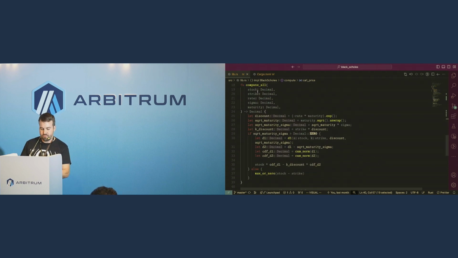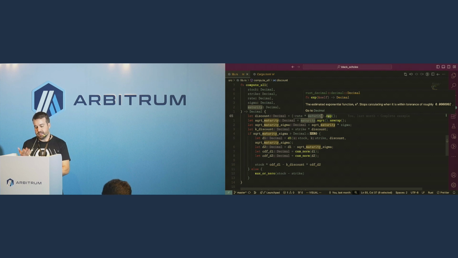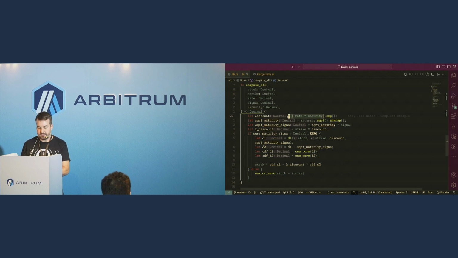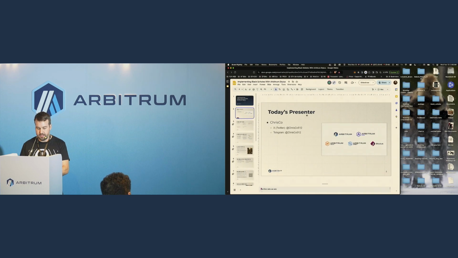All right, so it's got the discount rate, which is the inverse of the risk-free rate times the maturity, raised to e to the x. That's from the formula.